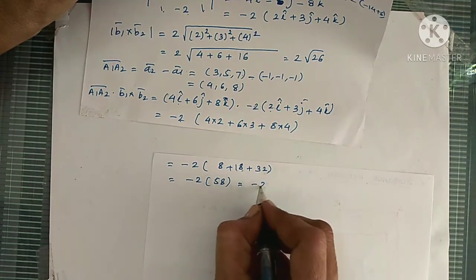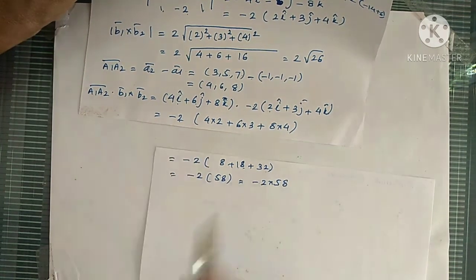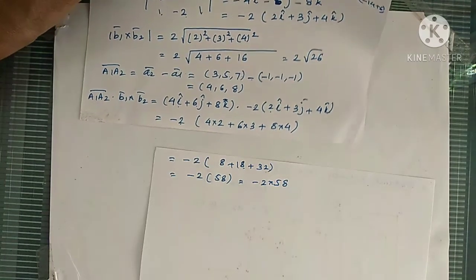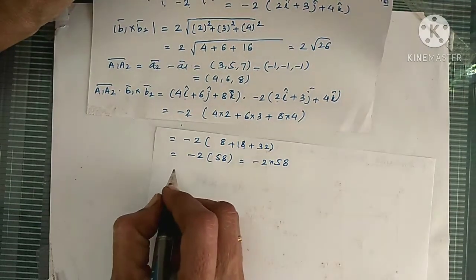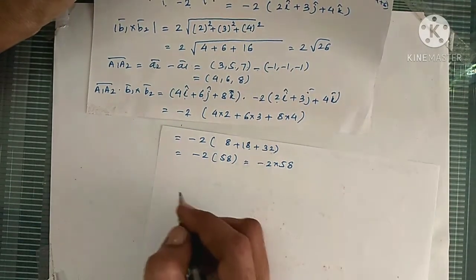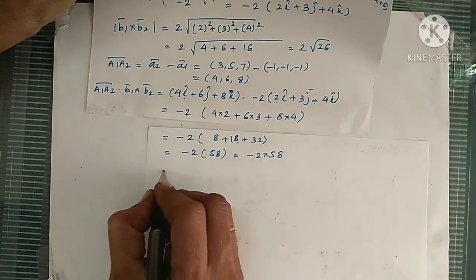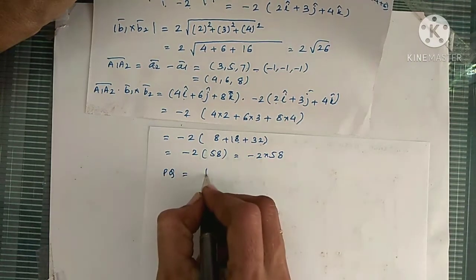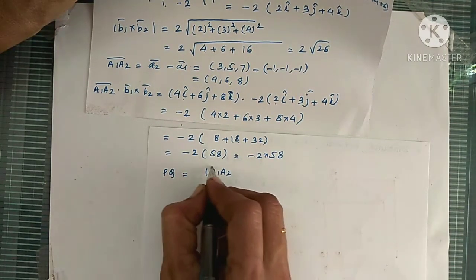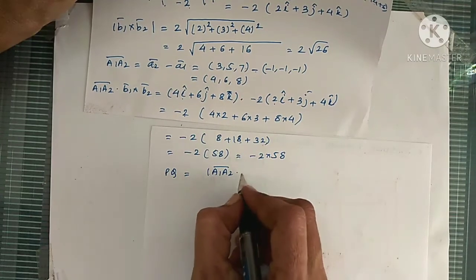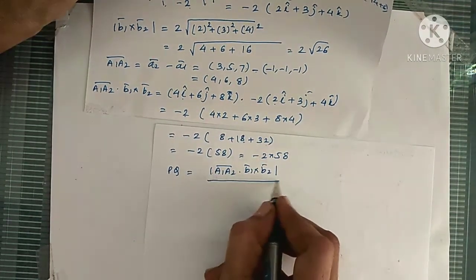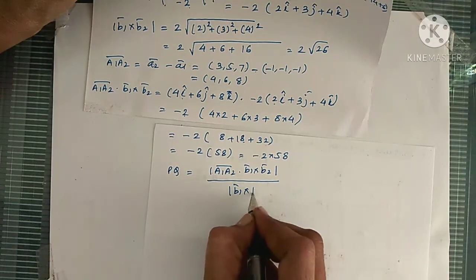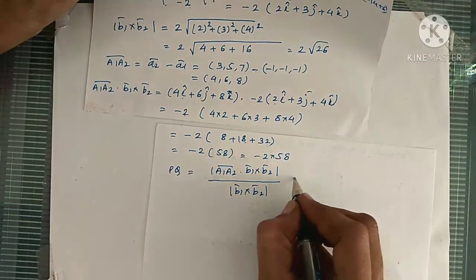So let's write as it is. As already we have to divide by b1 bar cross b2 bar and it contains 2, that 2 will get cancelled. So this is a1 a2 bar dot b1 bar cross b2 bar. Let's write the formula. It is the modulus of a1 a2 bar dot b1 bar cross b2 bar divided by the modulus of b1 bar cross b2 bar.